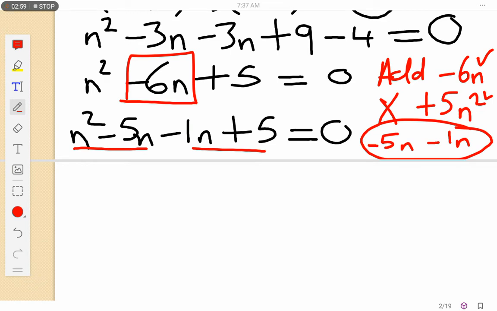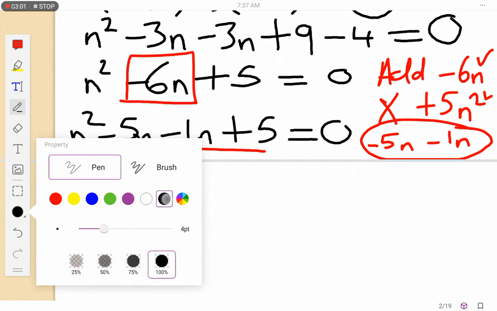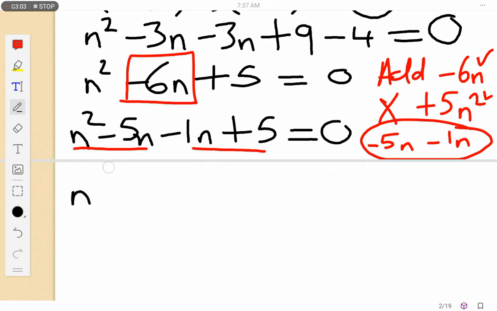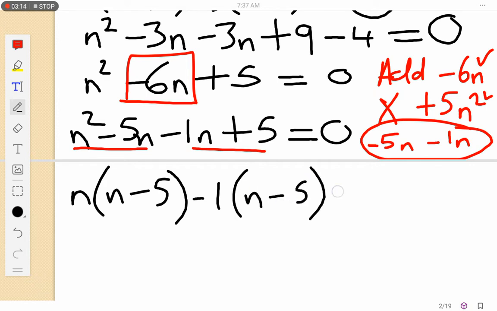Let's do that. So for the first pair, I can take out n and remain with n minus 5 there. Then for the next one, I can take out minus 1 and remain with n minus 5 there. This is equal to 0.